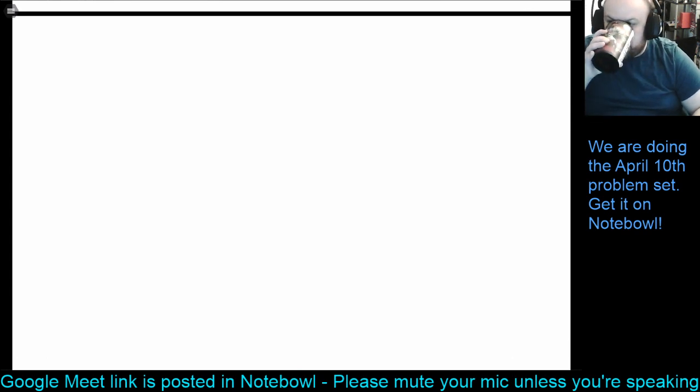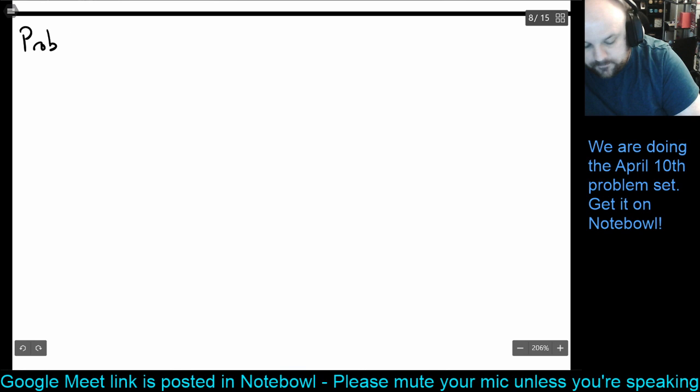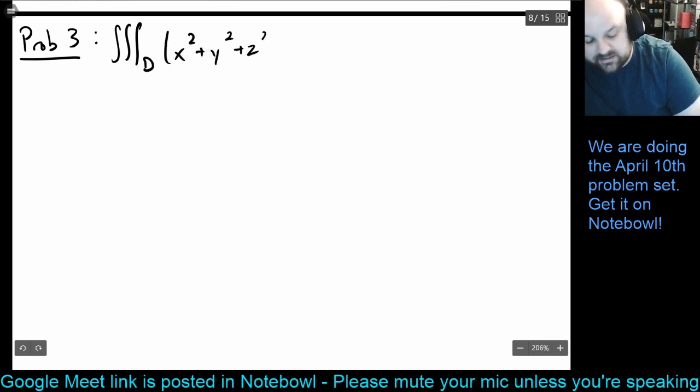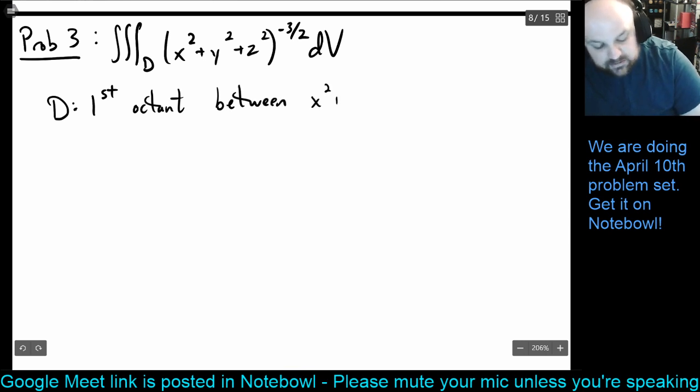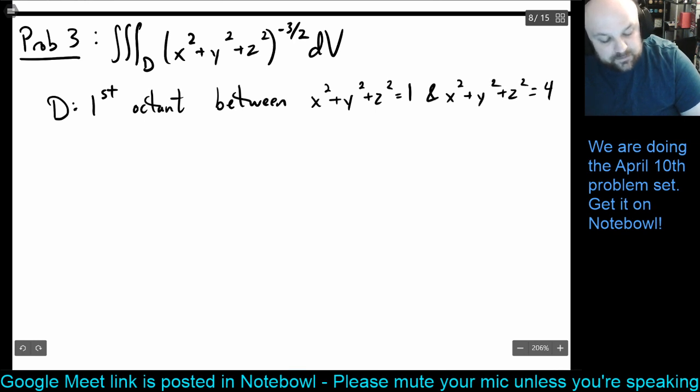So, in problem 3 here, we're trying to compute this triple integral of (x squared plus y squared plus z squared) to the minus 3/2 dV, where D is the region in the first octant between the spheres x squared plus y squared plus z squared equals 1, and x squared plus y squared plus z squared equals 4.